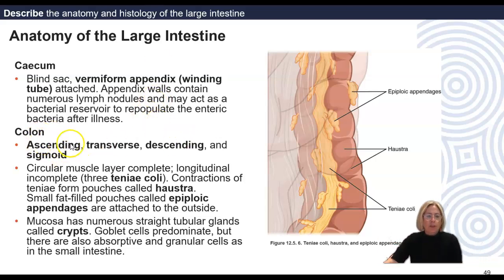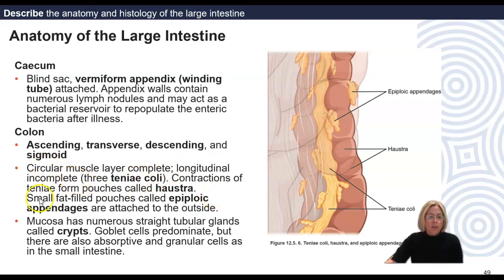The colon then does have these regions, as I mentioned. The colon also has these unique features, which include the haustra, the tenia coli, and these epiploic appendages. All right. With the tenia coli, these are 3 bands of smooth muscle. The circular muscle layer is complete, but the longitudinal is incomplete.